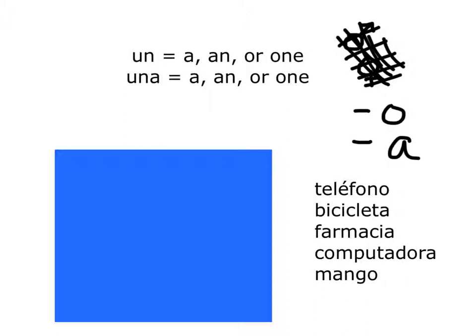Your job is to figure out which picture goes with which word, and then I'll ask you, ¿qué es? What is it? And you'll answer with es un or es una. How will you know whether to put an A at the end? If the word ends in an A, use una. If it doesn't, use un. Ready?